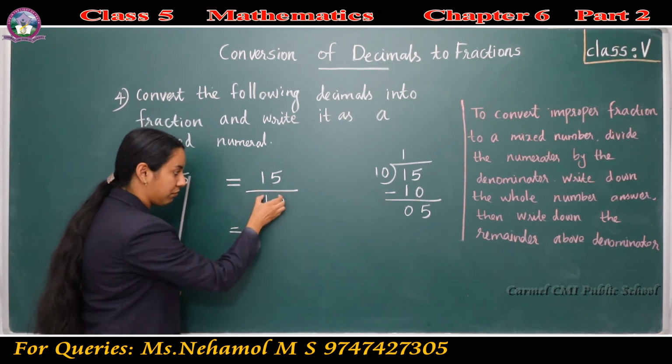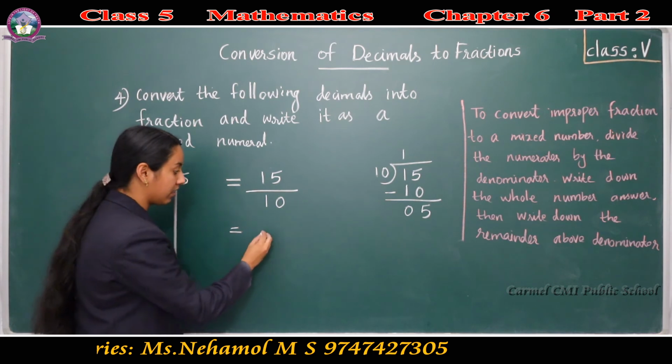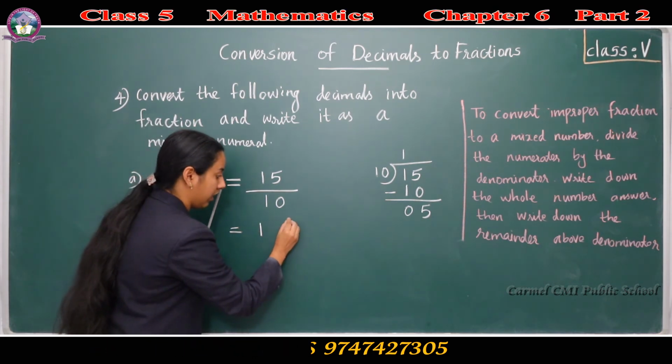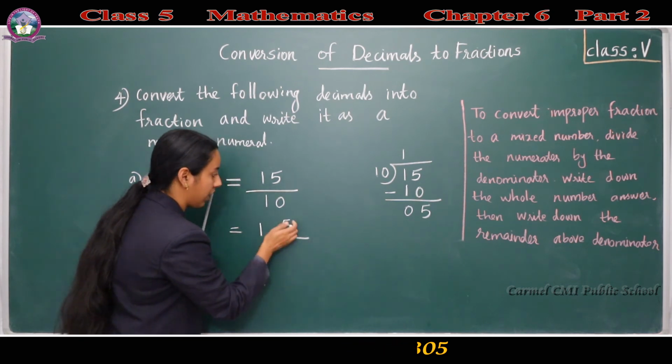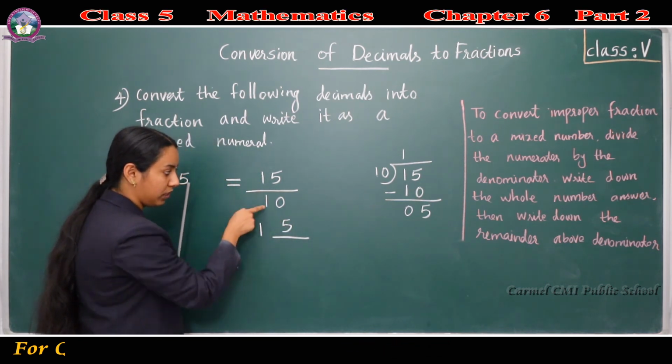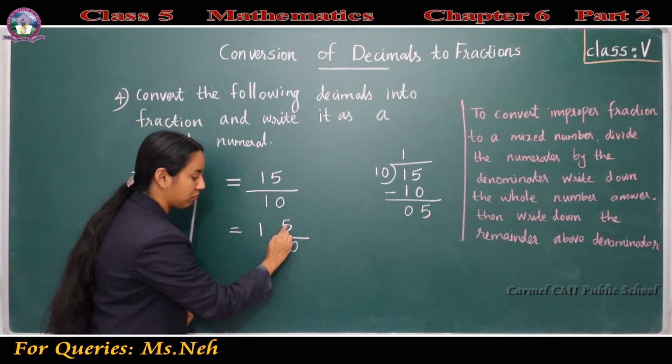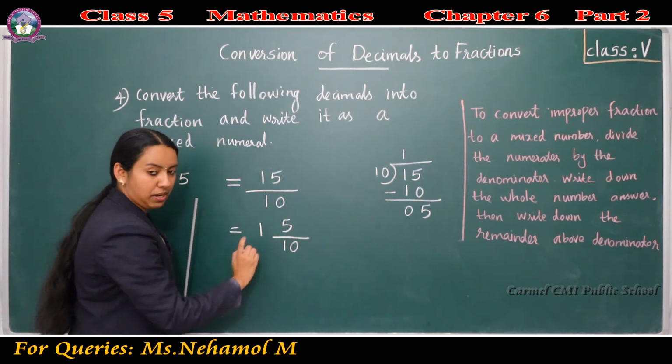We write 15 by 10 as the whole part, then the remainder divided by the denominator, so 1 5 by 10.